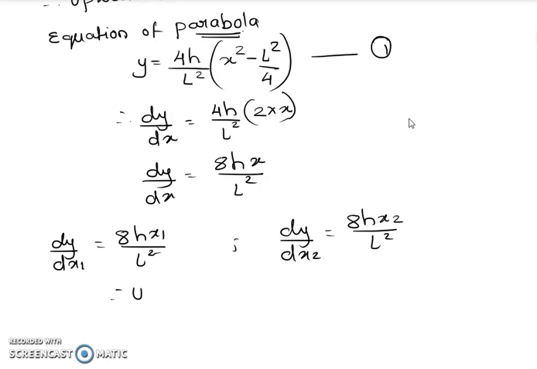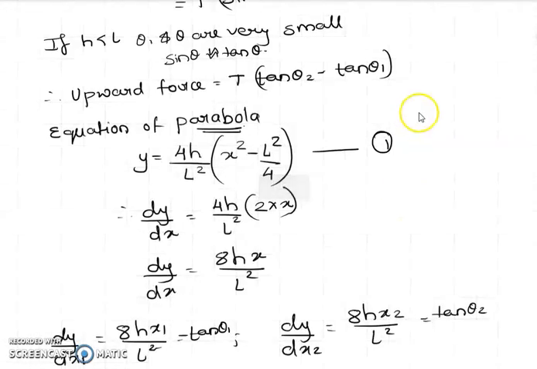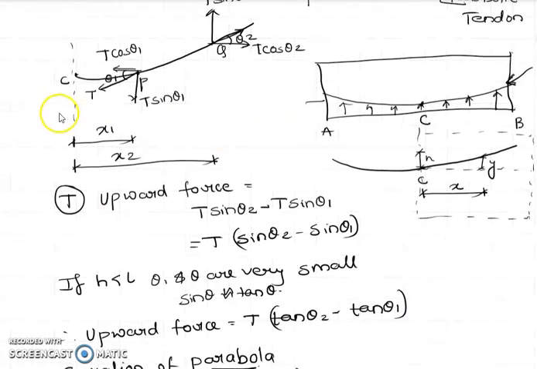Therefore, the upward force can be written as T into, instead of tan theta, we will substitute it. This will be equal to tan of theta 1 and this will be equal to tan of theta 2 from the figure. It forms a triangle, and that's the reason we had taken that as tan. Tan is opposite upon adjacent.